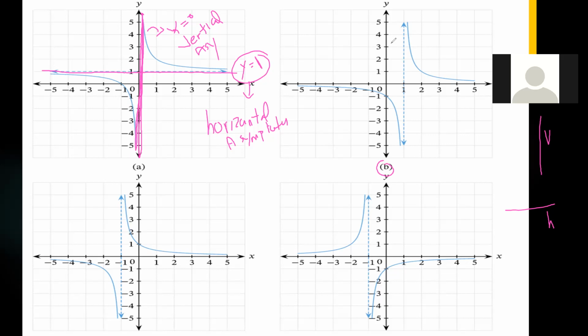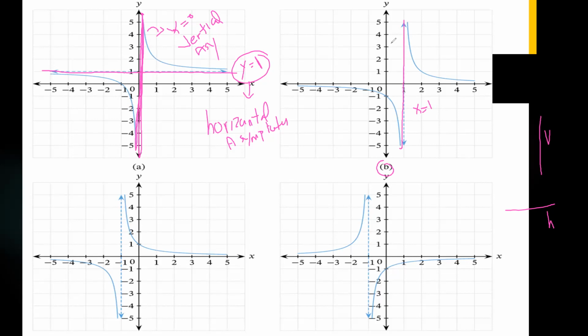At x equals 1, we have the vertical asymptote. So at x equals 1, this is an asymptote.